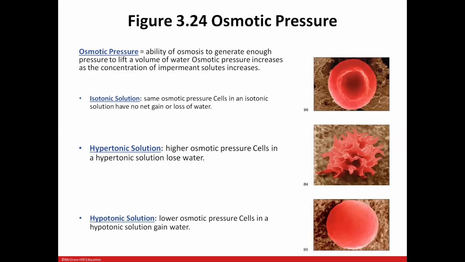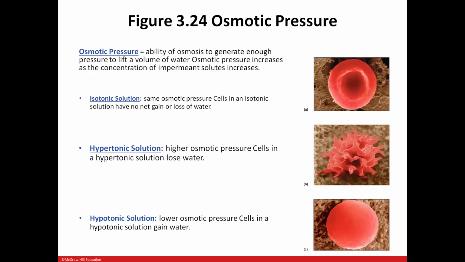On the flip side, if, hypothetically, you put this red blood cell in pure water, where there were no other solutes or salts, now water wants to go inside, because where there's higher salt, where there's solutes, water's going to follow. And now the water is going to swell up the cell, and that cell may actually burst.